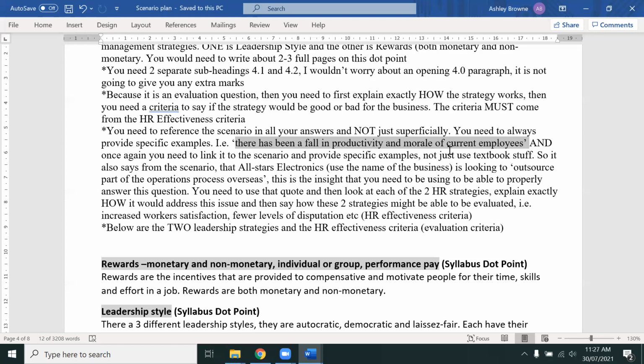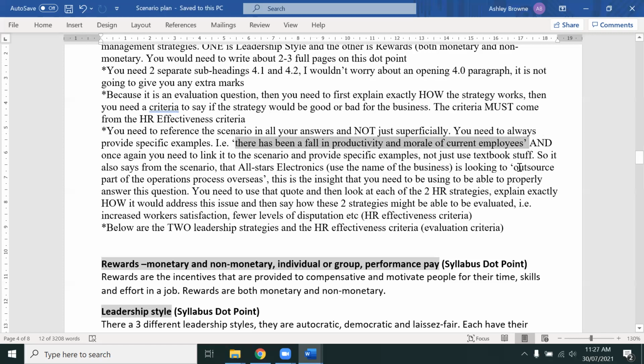But I don't just want that overview of use democratic leadership style, it leads to better workplace morale for employees. How? Tell me. Where are your examples? I want the specific examples, not just the gibberish. And I also want to link back to the business. What type of business is it? They're going to be outsourcing.